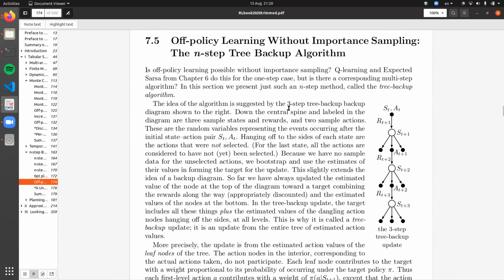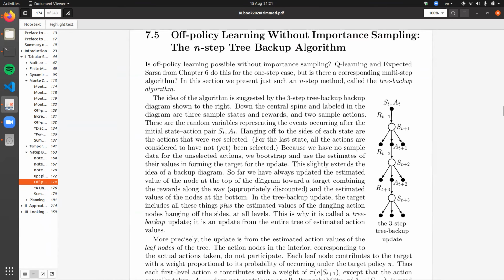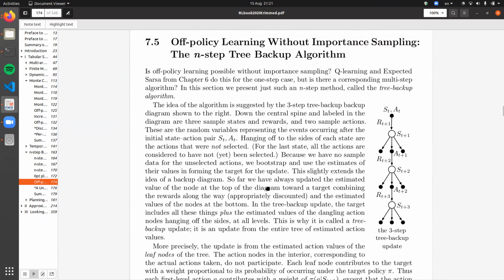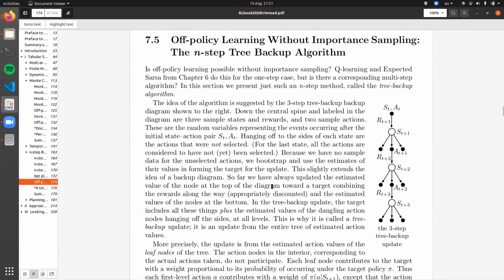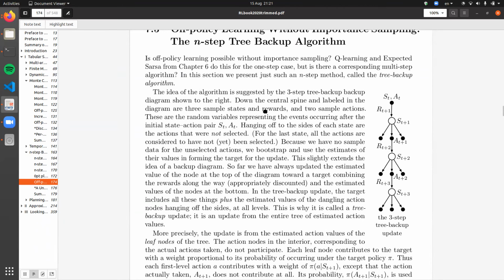We drop a lot of experiences because those are not observed under the learned policy. An alternative to that is tree backup algorithms, which are another way to do off-policy learning without importance sampling.